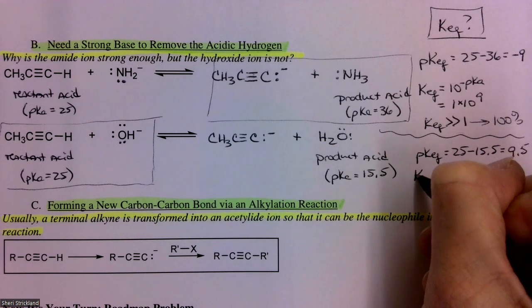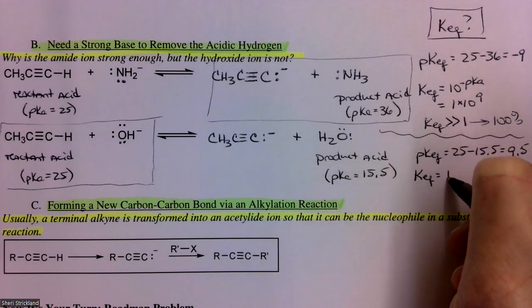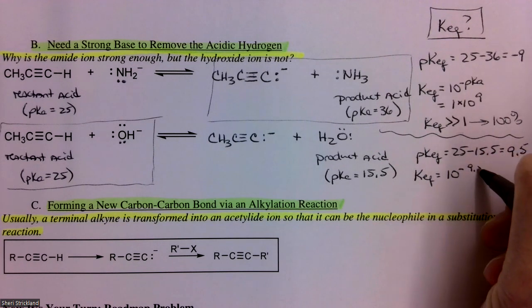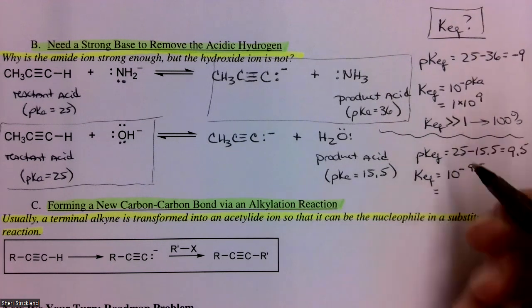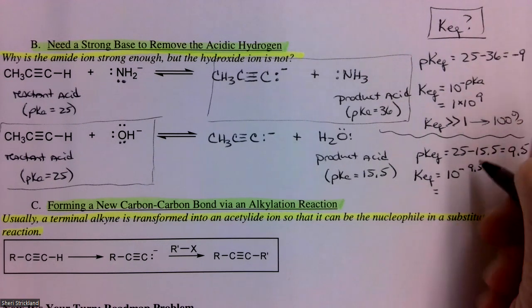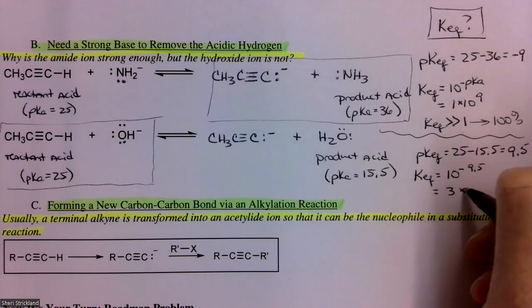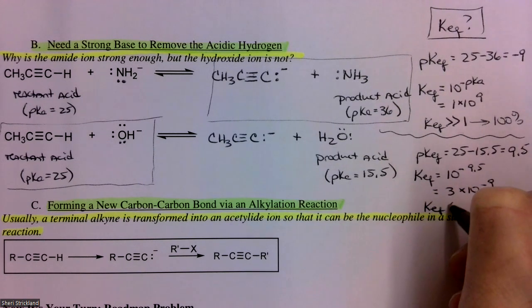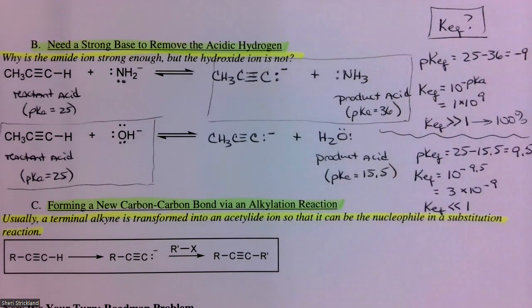The KEQ is going to be 10 to the minus pKa, 10 to the minus 9.5, which is 3 times 10 to the minus 9. So in this case, the KEQ is on the other side of 1 by a bunch.